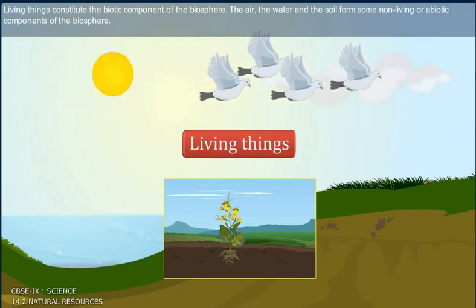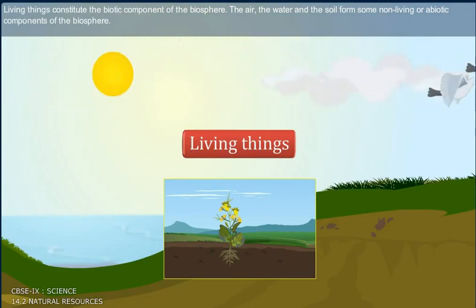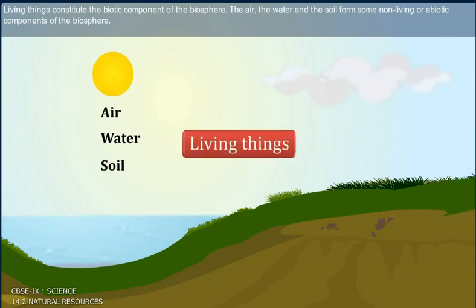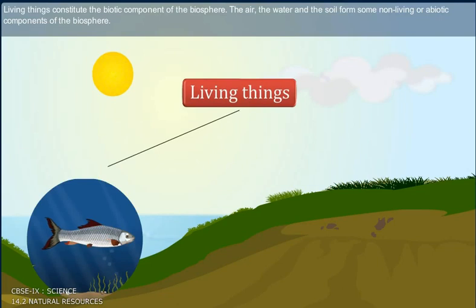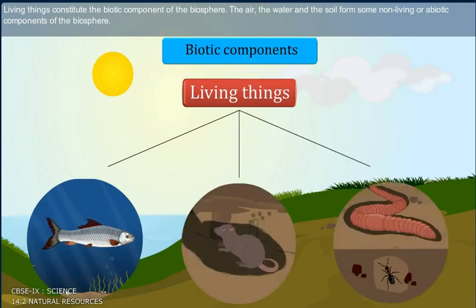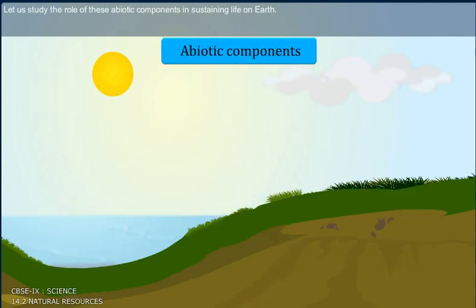The air, the water, and the soil form some non-living or abiotic component of the biosphere. Now let us study the role of these abiotic components in sustaining life on Earth.